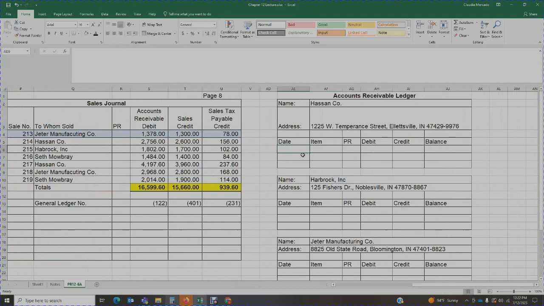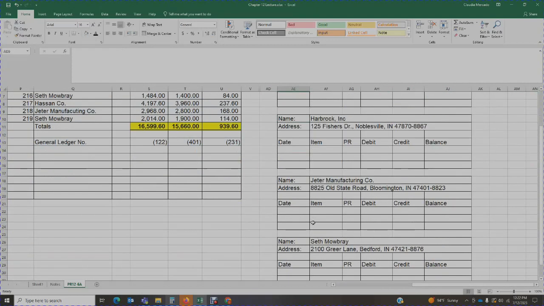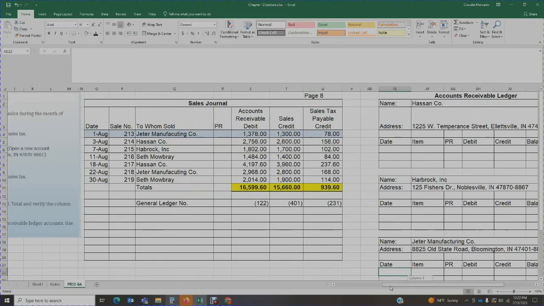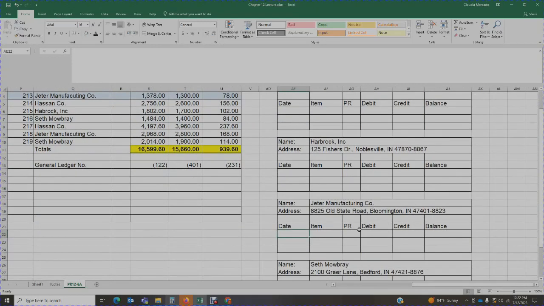So I've got Jeter, so I'm going to go down here to Jeter, and Jeter was August the 1st. The item, we leave it blank. And then this is sales journal 8. And for Jeter, we had a debit of $13.78, and that's going to be my balance.